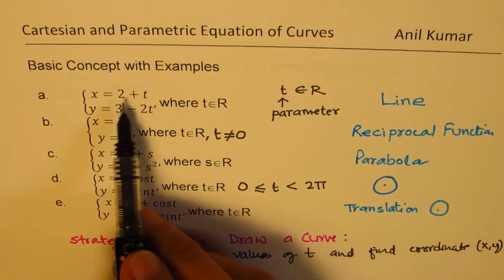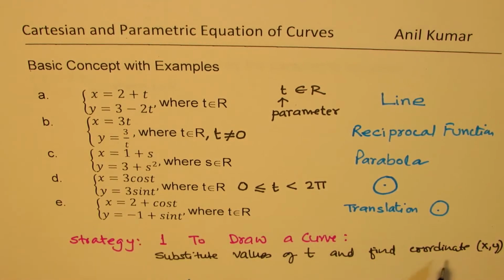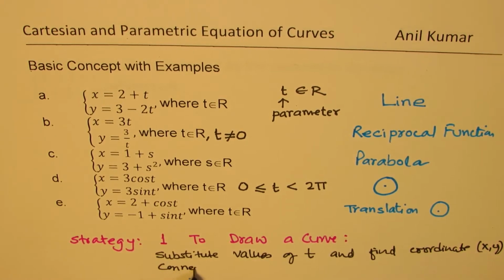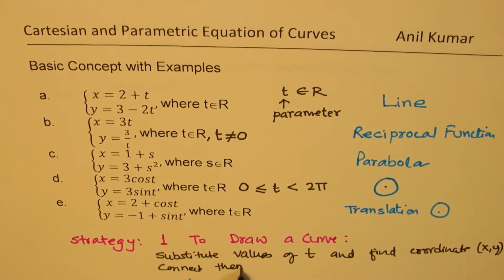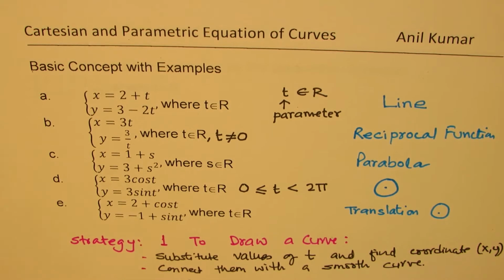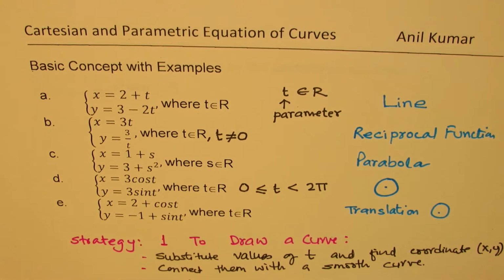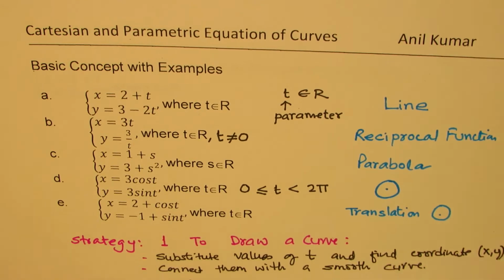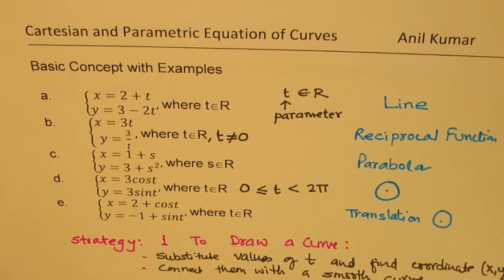Once you substitute different values of t, you could find the different coordinates and then you could connect them with a smooth curve. Now the curve could be a straight line, as we have seen will be the case for A and B. Correct? So that is what we are going to do with each one of these equations in this video. So this video could be about half an hour long.